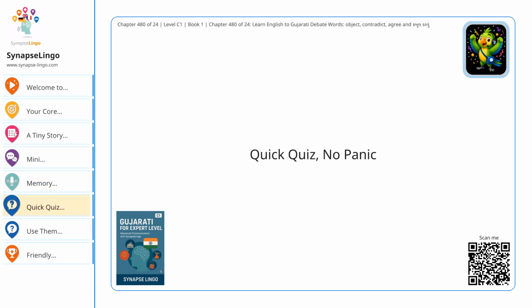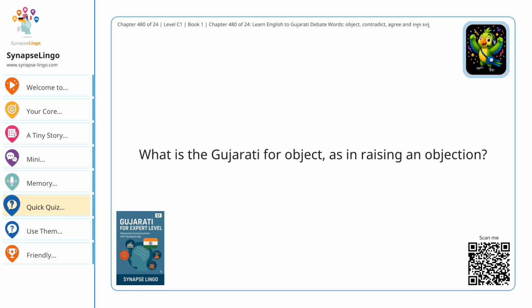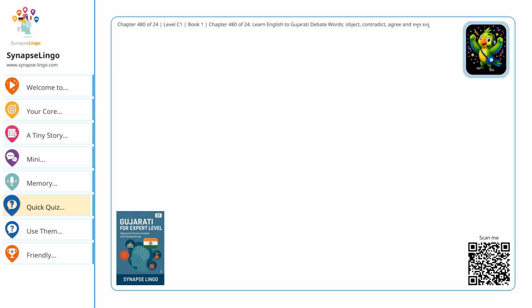Quick quiz, no panic. You are doing well. Now test yourself before your brain escapes through the window. What is the Gujarati for object, as in raising an objection? Answer. આપત્તિ ઉઠાવવી. What is the Gujarati for contradict? Answer. વિરોધ કરવો. What is the Gujarati for agree? Answer. સહમત થવું. What phrase means put into perspective?